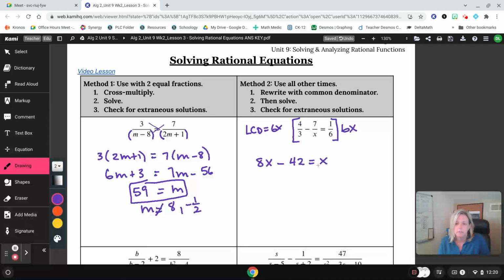We can subtract our 8x from both sides, and we get negative 7x. Divide by negative 7, and we get x equals 6. Notice up above, we have fractions, so we always have to check for extraneous solutions. The only x I have is x in the denominator by itself, so x cannot equal 0. That means my x equals 6 solution is a good solution.